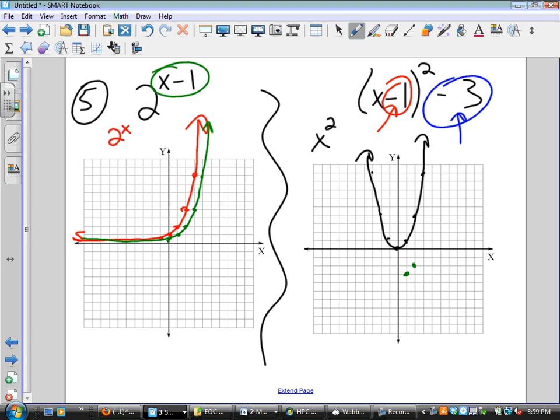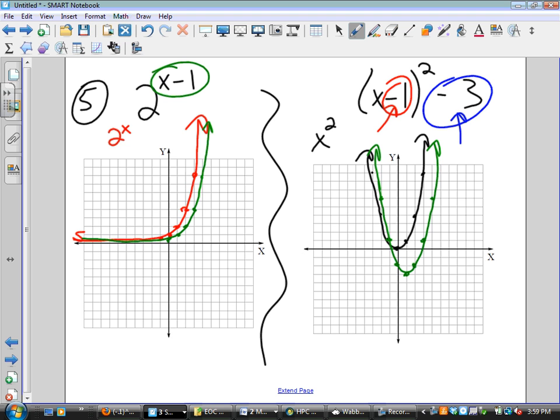So on and so forth. 2, 4, right 1, down 3. 3, 9, right 1, down 3. And then we're going to repeat that process for the other points. And now all we have to do is connect those dots, and we have ourselves a graph.